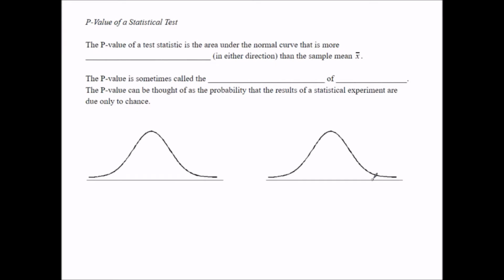So p-value of a statistical test. The p-value of a test statistic is the area under the normal curve that is more extreme, either lower than or higher than, so it says in either direction, than the sample mean x bar or whatever test statistic you're looking at.